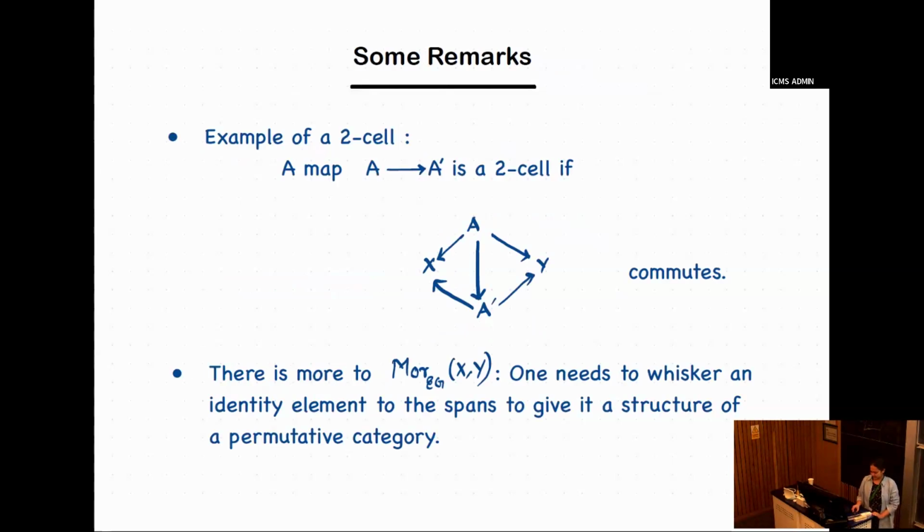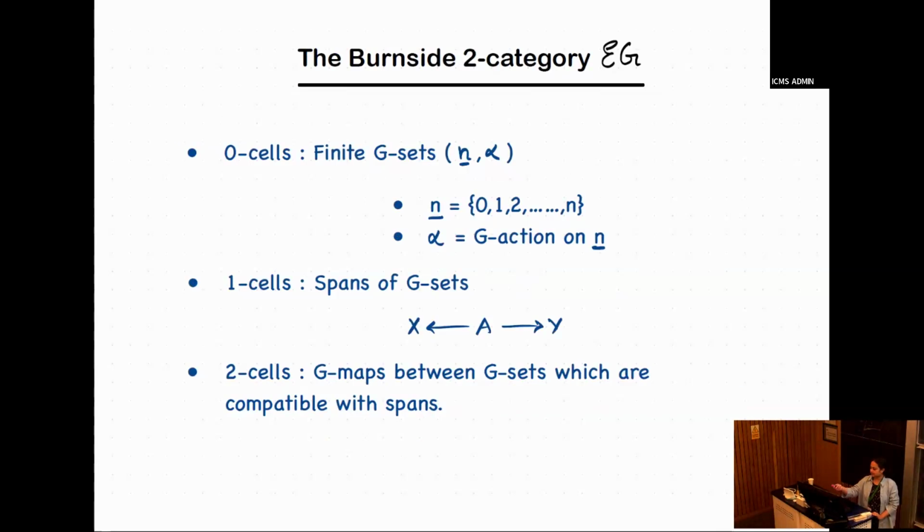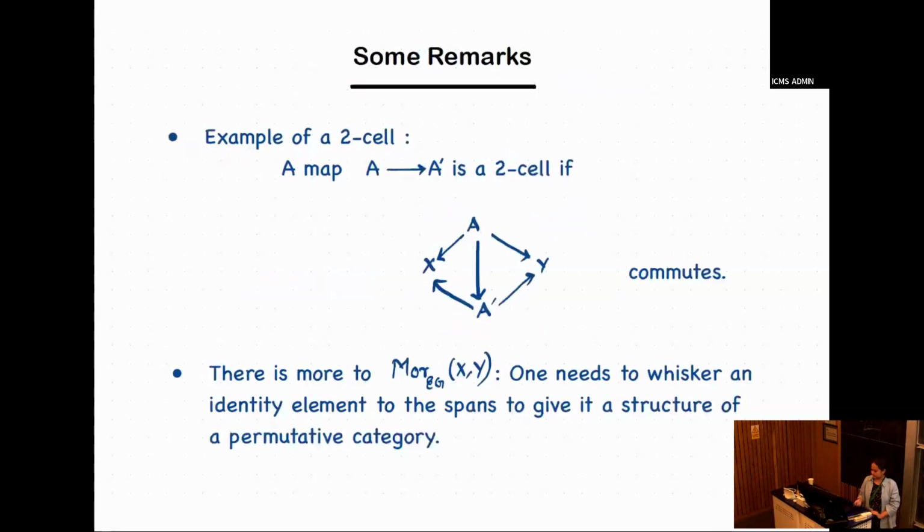And there is more to the morphism set between X and Y in this category. It is not only the spans of G-sets, but some more elements to make it enriched over a particular category. So there we will whisker. Whiskering is the word, I guess, to introduce another element which acts as an identity.